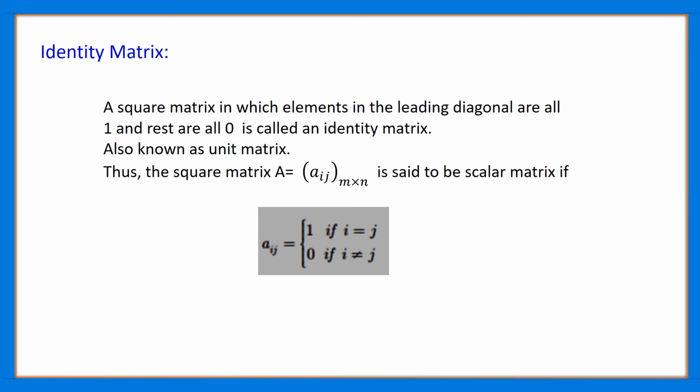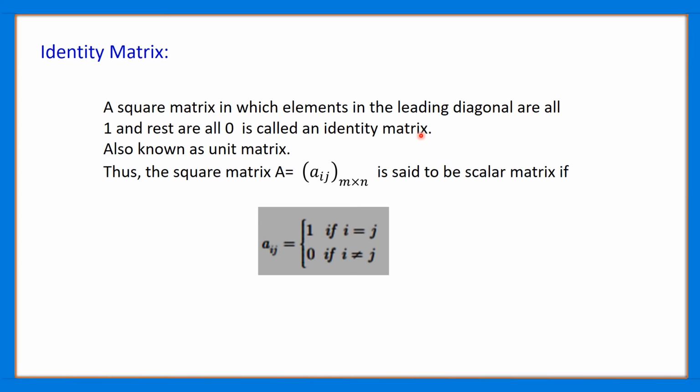This kind of matrix is said to be an identity matrix. That is, a square matrix in which the elements in the leading diagonal are all 1 and the rest are all 0 is called an identity matrix. An identity matrix can also be called a unit matrix.